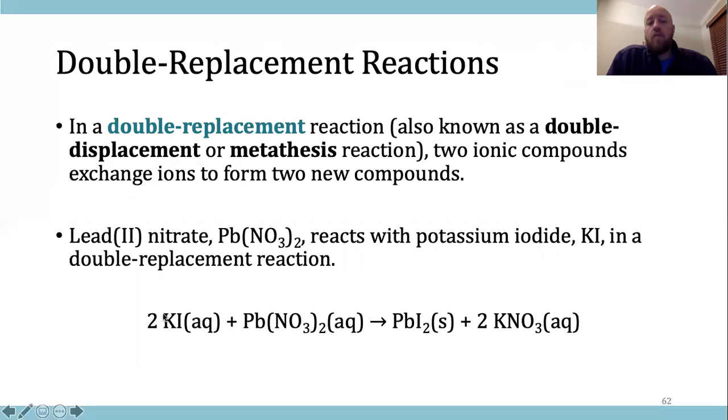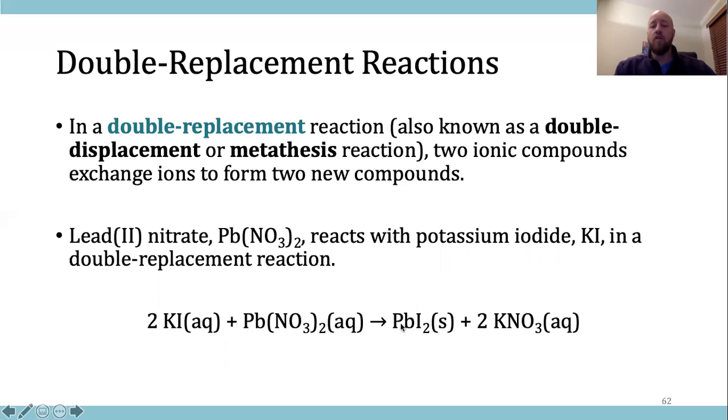The potassium is the cation, the lead is the cation. They're going to just swap partners and double replace who they were with. So they're just going to swap their dance partners. And so as a product, now I get lead iodide and potassium nitrate, okay?